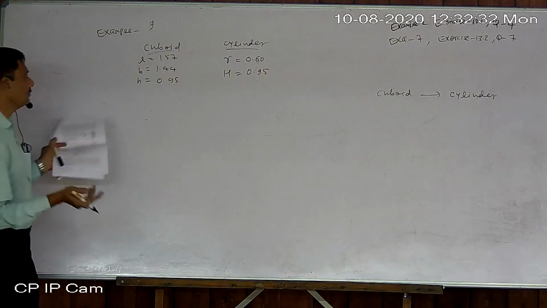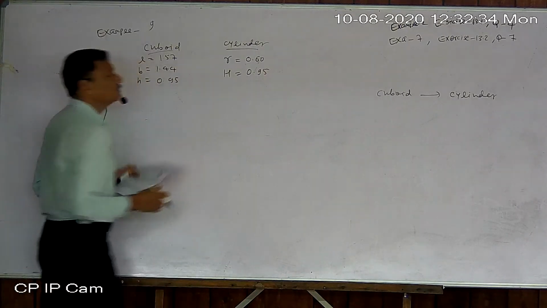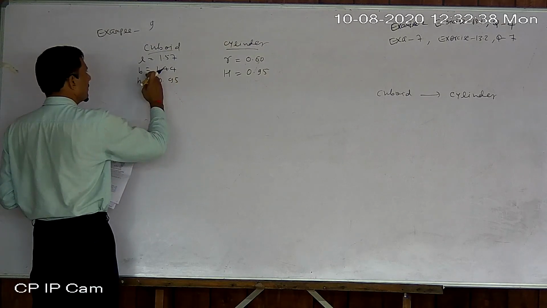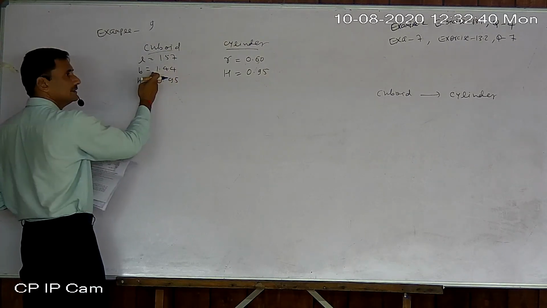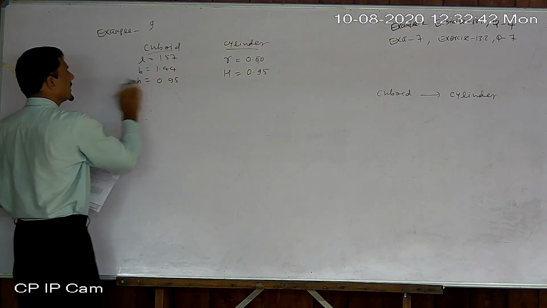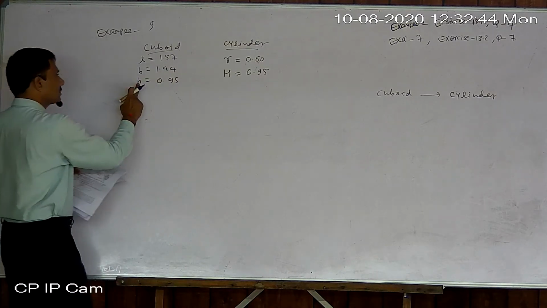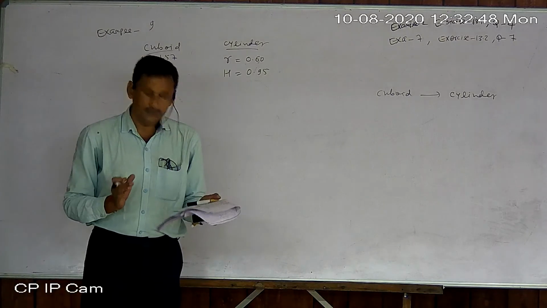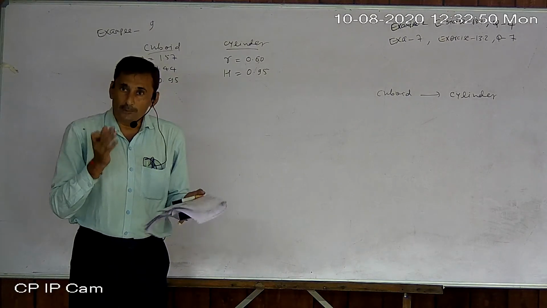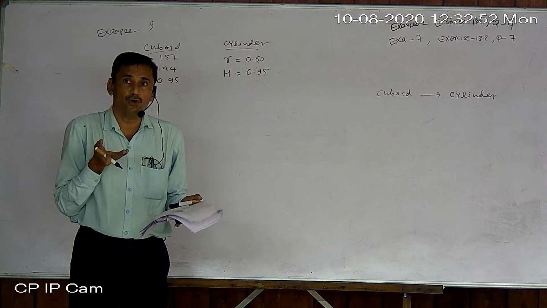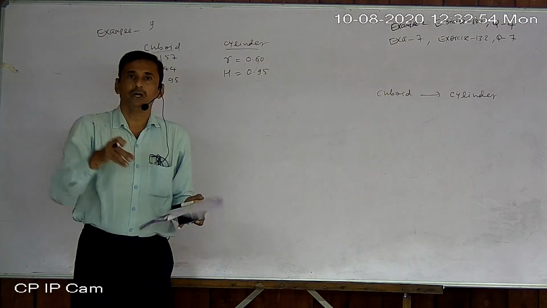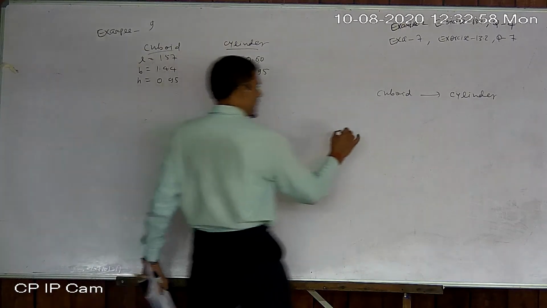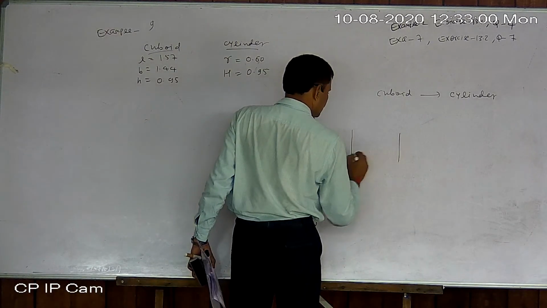Now if you compare both of these, the volume of the sump is far more than the tank. This is the total height of the sump. They are asking up to how much height water is left after filling the whole tank.